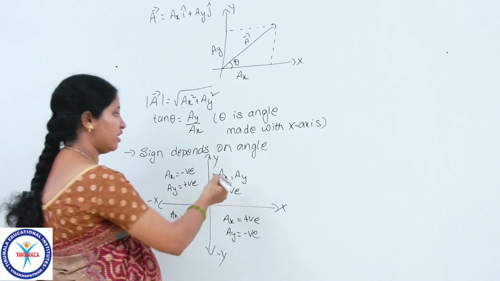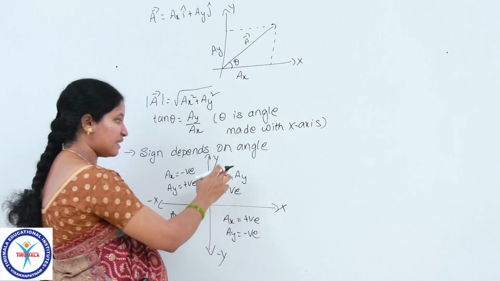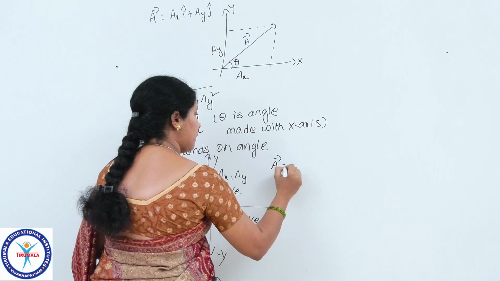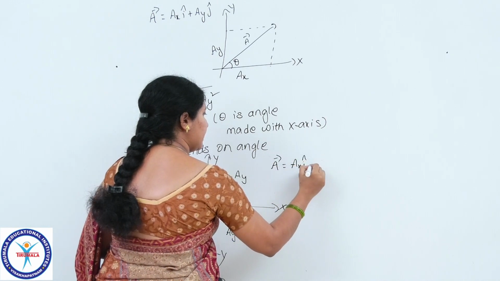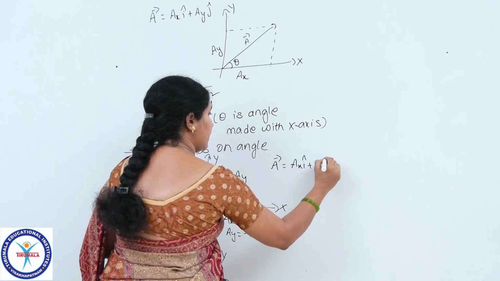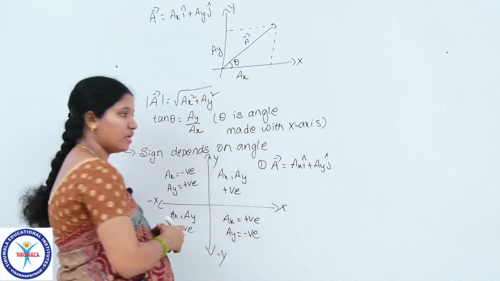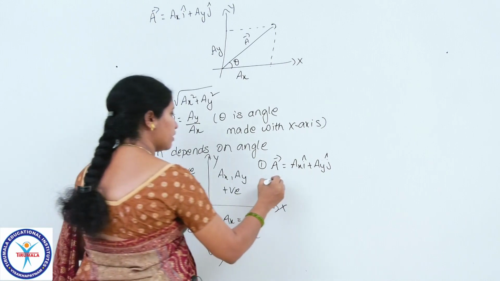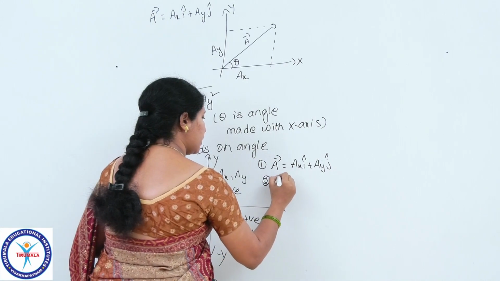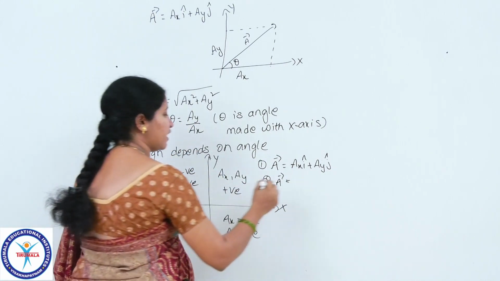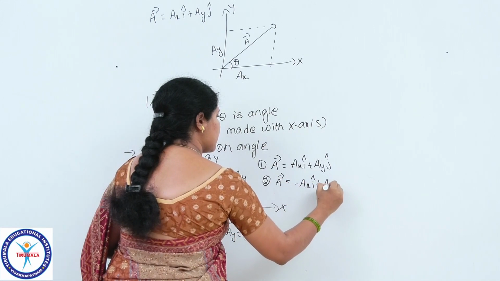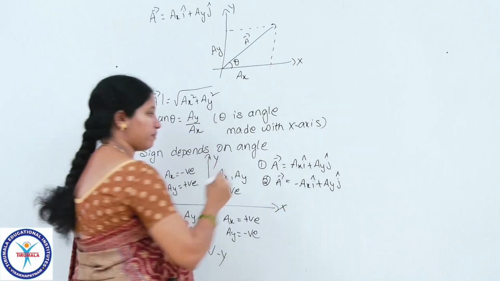So, let us consider the first quadrant. As Ax, Ay are positive, we get A bar is equal to Ax i cap plus Ay j cap. In the second quadrant, if I want to write the vector notation, A bar is equal to, as Ax is negative, minus Ax i cap plus Ay j cap.